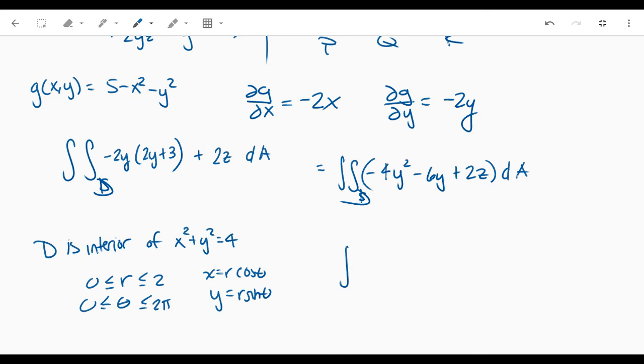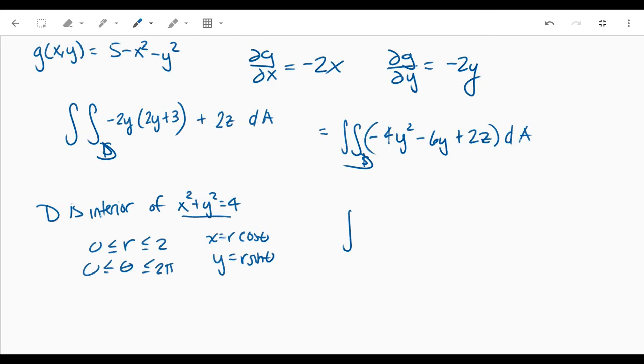And you don't have to switch to polar. We can use that if you want. But I would challenge you to try it where x is between negative 2 and 2, and y is between 0 and the square root of 4 minus x squared. And then you have to do it again for y between 0 and negative square root of 4 minus x squared.